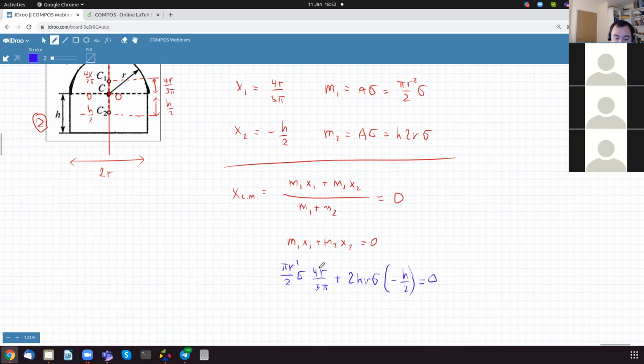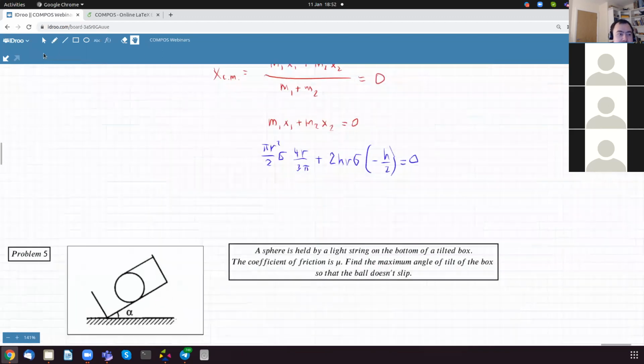We can divide both sides by sigma. Not really necessary here. Okay, yes, divide both sides by sigma. Just get rid of sigma.